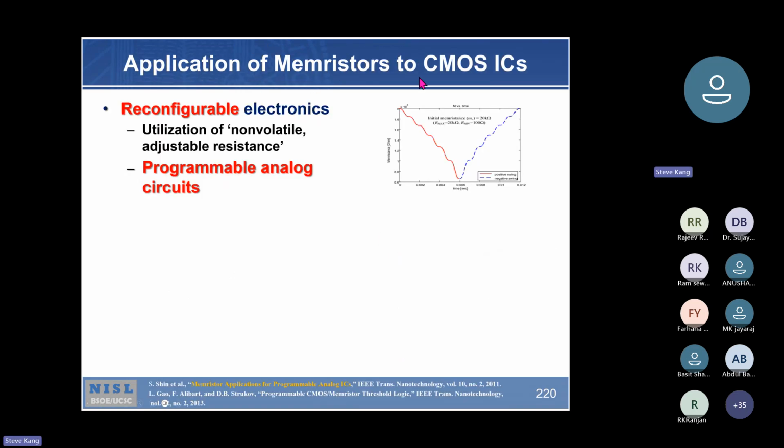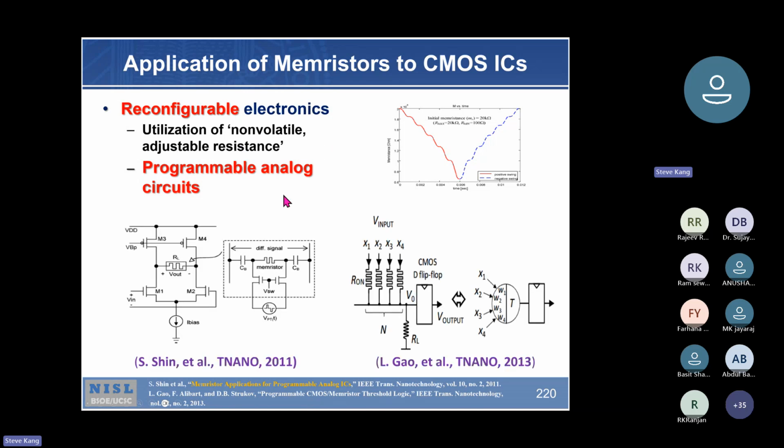So we saw this one in a couple of lectures again, application of memristors to CMOS ICs, reconfigurable electronics, because you can program the memristors, right? So this is a voltage amplifier, an adjustable, reconfigurable voltage amplifier. You can program the memristors or memductance through this pulsing signal, and then that itself can be applied to a synaptic connector.